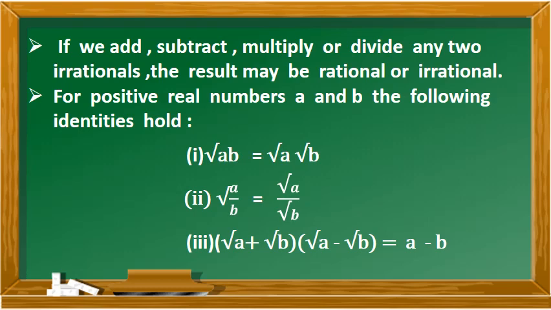Note the third point. If we add, subtract, multiply or divide any two irrationals, the result may be rational or irrational. We will take an example with addition. Take the numbers as 5 root 3 plus 4 root 3. They are like terms.